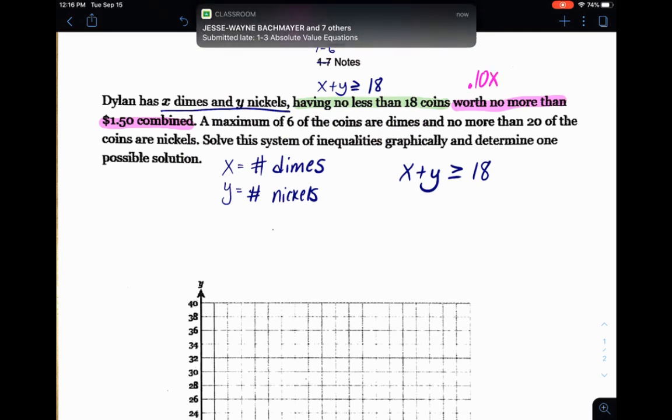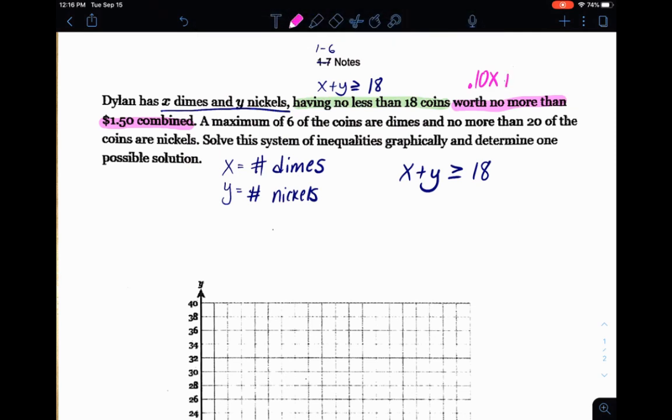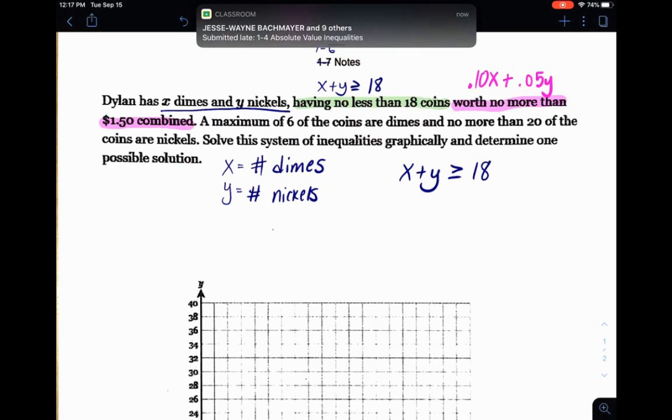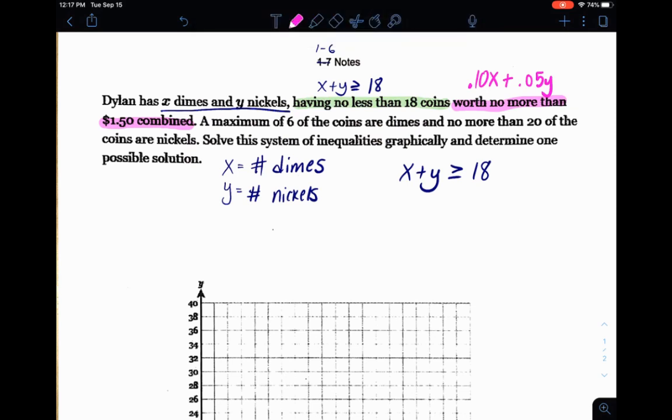Yes, they're the same thing. How much is a nickel worth? How do I write 5 cents? 0.05. And I want that to be worth no more than $1.50, so less than or equal to $1.50.